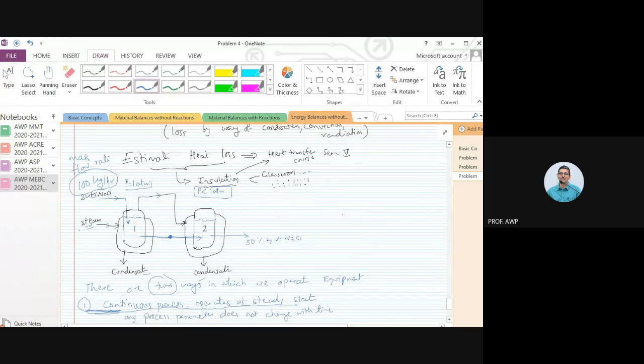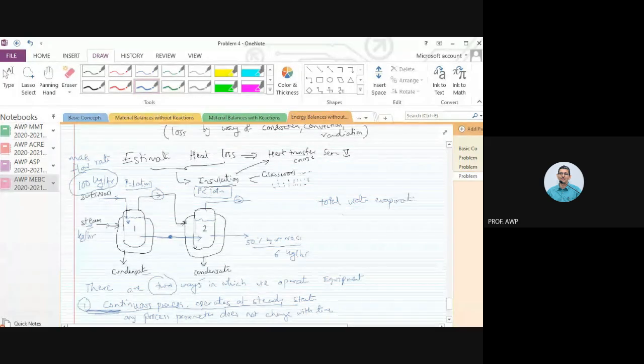Even the steam flow rate we wrote in terms of so many kg per hour. This product, 50% by weight NaCl, we wrote as 6 kg per hour. The total water evaporation rate from here and from here is 94 kg per hour. So whenever we have continuous processes, it is not that we have charged something and stopped.